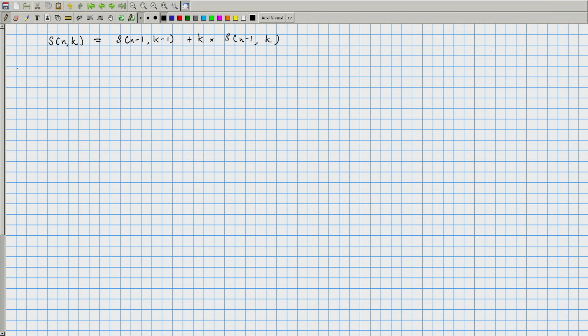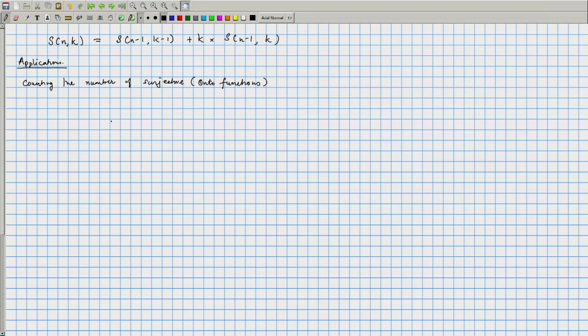So, let us look at the number of surjective functions. Okay. So, we will view this as applications. Surjective or onto functions. Okay.